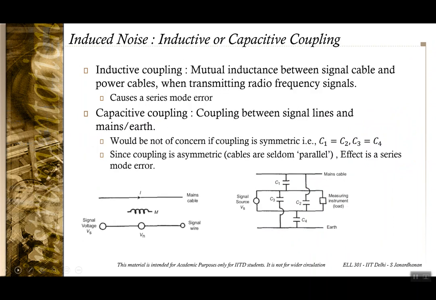Going further, the source of the induced noise can be inductive or capacitive. Usually, when you have a signal wire that goes close to some power cables, and the signal wire is transmitting high frequency signals, radio frequency signals, then because of the high frequency component there can be an inductive coupling between the mains cable and the signal wire.